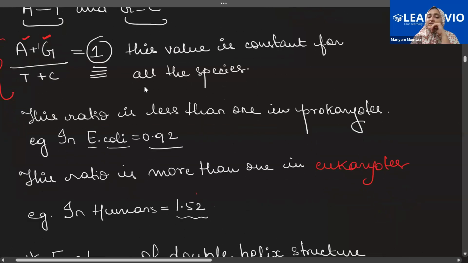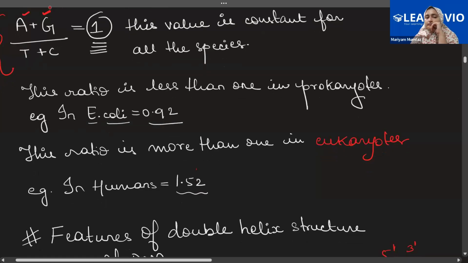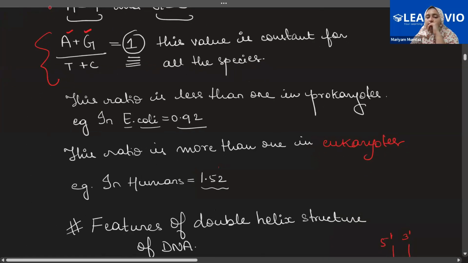The ratio will be less than 1 in the case of prokaryotes, for example 0.92 in E. coli, and more than 1 in the case of eukaryotes, 1.52 in humans. So this ratio tells us that the amount of purines and pyrimidines will always be exactly equal. Any doubts?